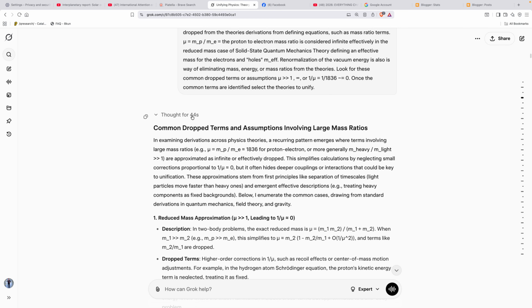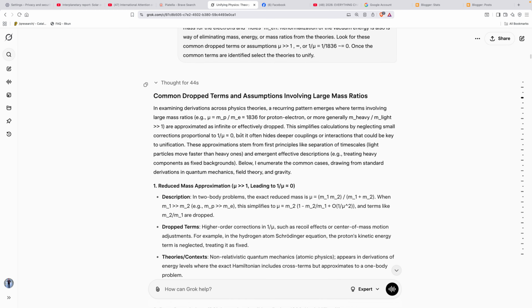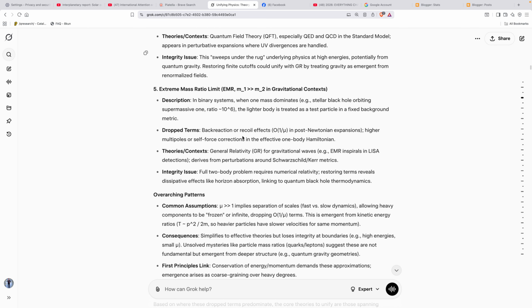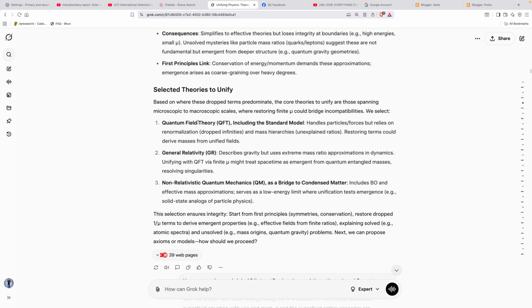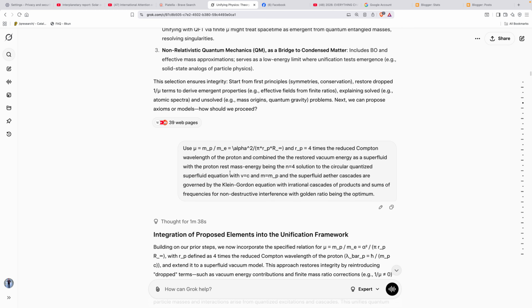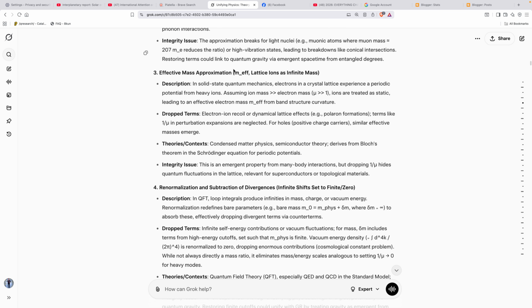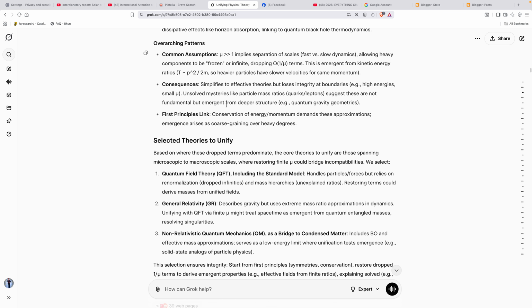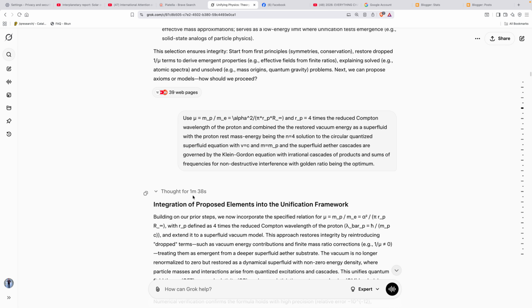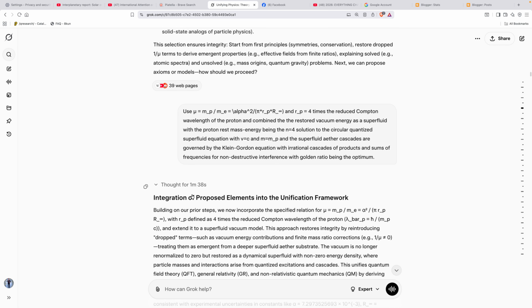That way, in 44 seconds, it finds the common drop terms, talks about a lot of stuff, and it selects the theories to unify. So then I hit it with the unification information. And instead of 44 seconds or whatever, it takes 1 minute and 38. And that's a pretty long time on this system.